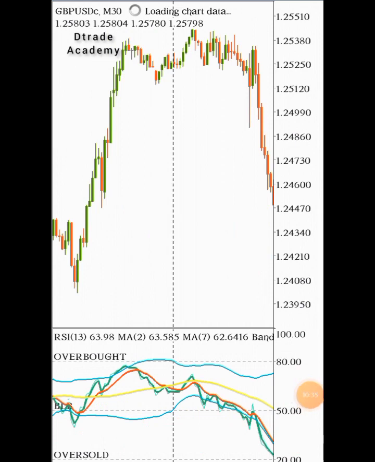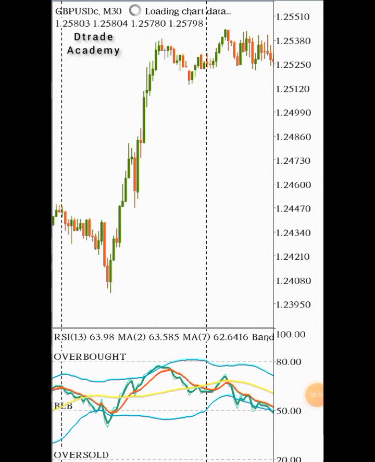Now here is another form of divergence. What type of divergence is this? I already mentioned it in the previous one. This is hidden divergence. How? Looking at our daily separator, that dotted line, and our yesterday's high, it's clear here. This is our yesterday's high. So connect your lines here.